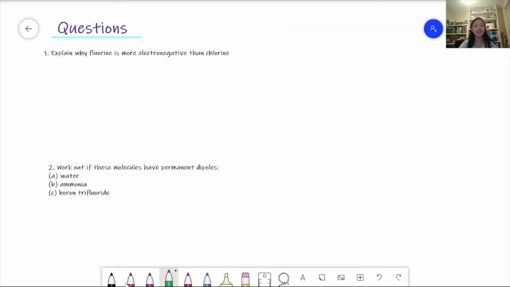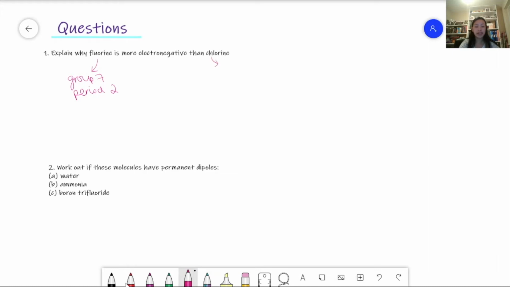Now on to some questions. The first question says, explain why fluorine is more electronegative than chlorine. So after looking at the periodic table, fluorine is in group 7 and in period 2.